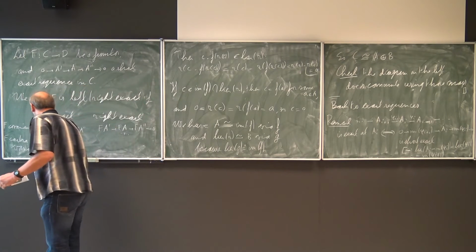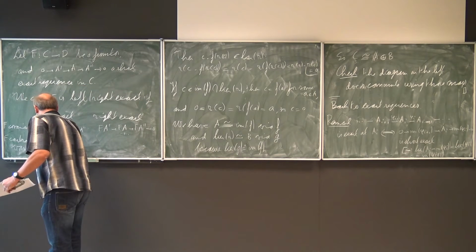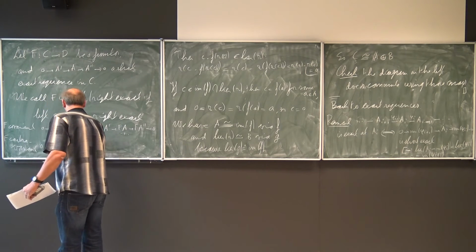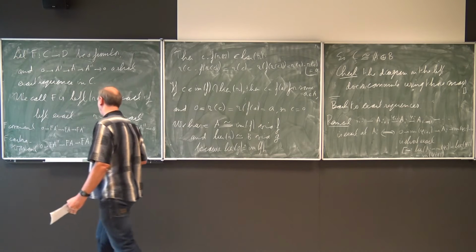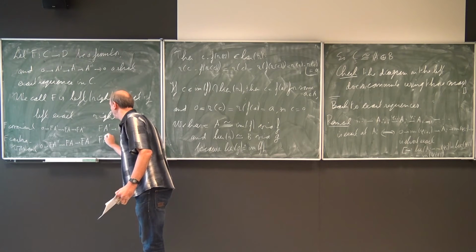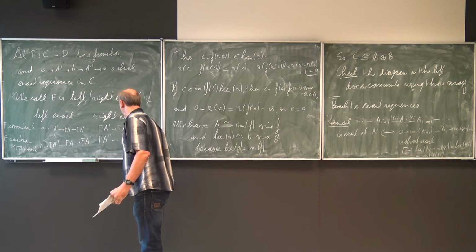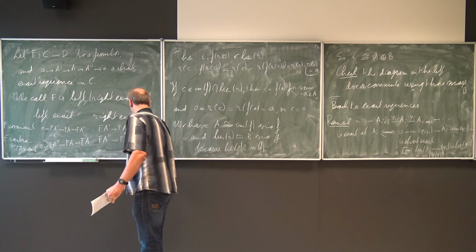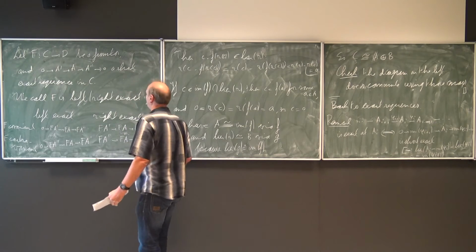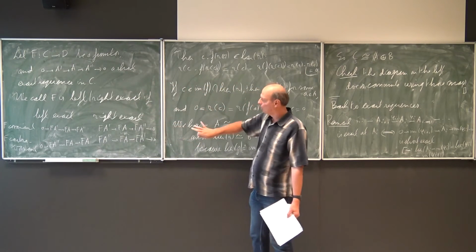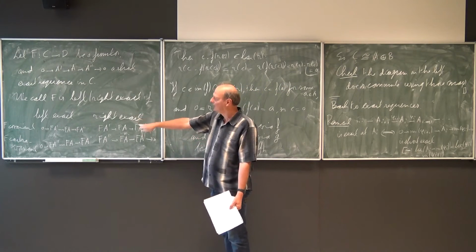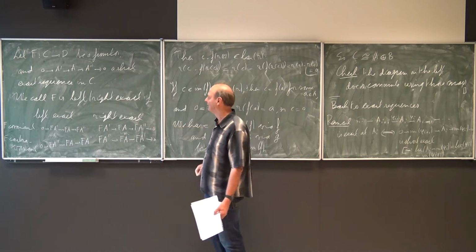So I should get 0 goes to F A double prime goes to F of A, and this goes to F of A prime. That's similar here, but then I want 0 on the right. Okay, so it is left or right exact, depending on the table, if F is covariant or contravariant, if the corresponding sequence that I wrote down is exact.